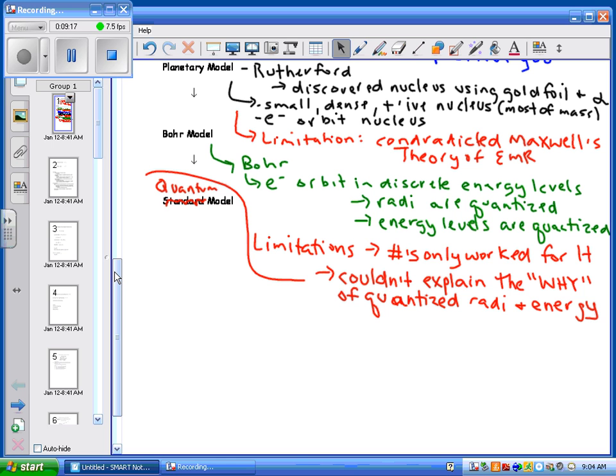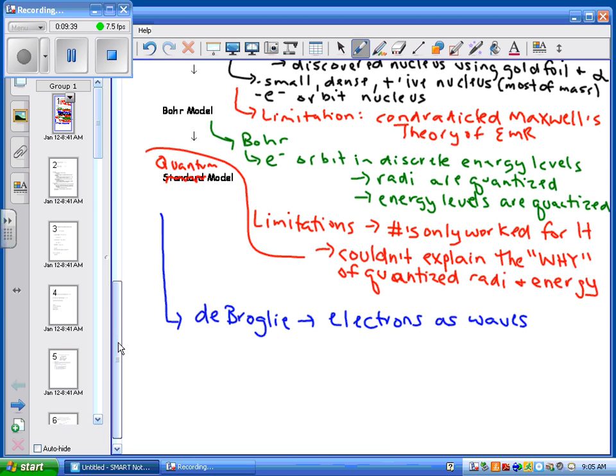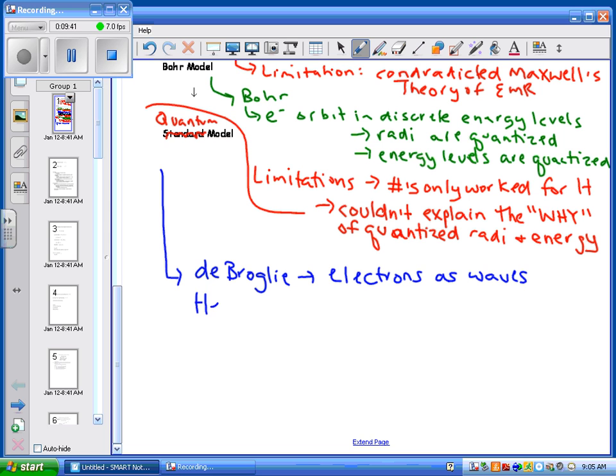And then the quantum model, there's no real one person associated with the quantum model. I wrote down de Broglie because of the electron wavelength. So electrons as waves. And Heisenberg because of his uncertainty principle.